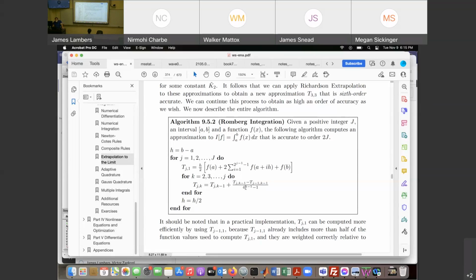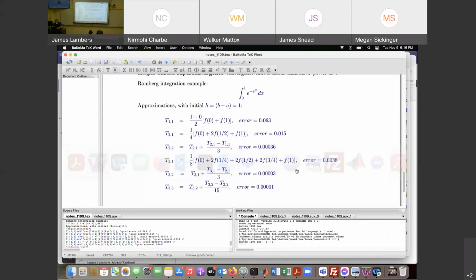But there is another inefficiency in this algorithm, the way it's written here, because I just have a formula for a composite trapezoidal rule. But here's something to think about. If you go back to the example, when you're performing numerical integration, a goal is to minimize evaluations of your integrand f. But look where I evaluated f.